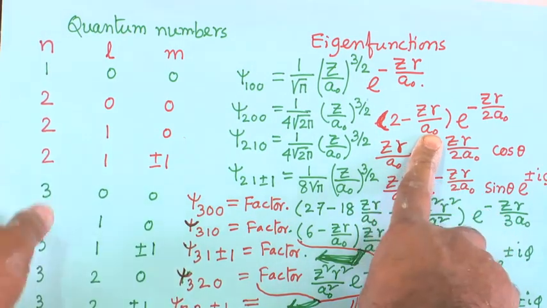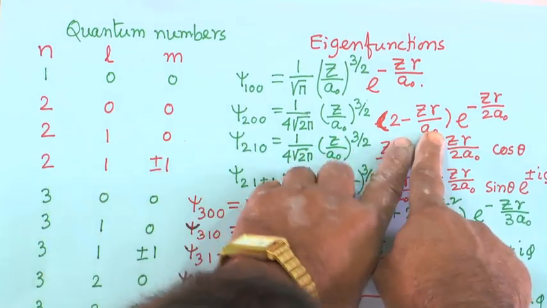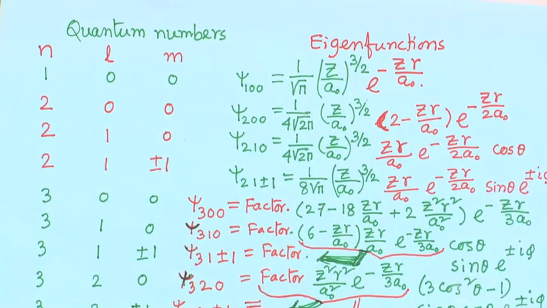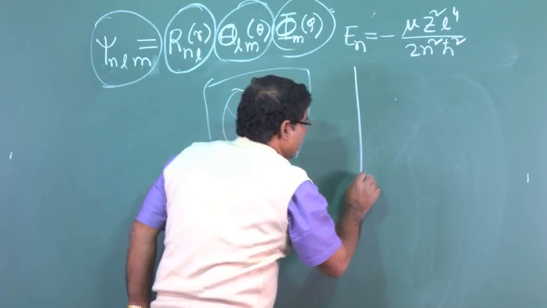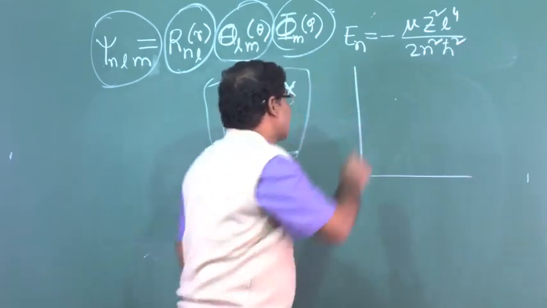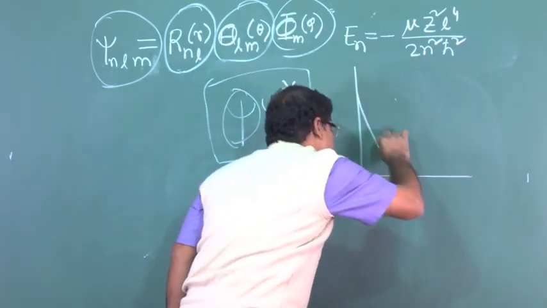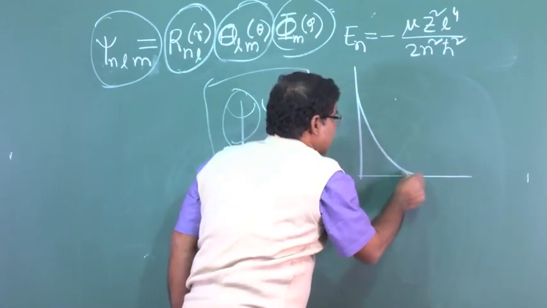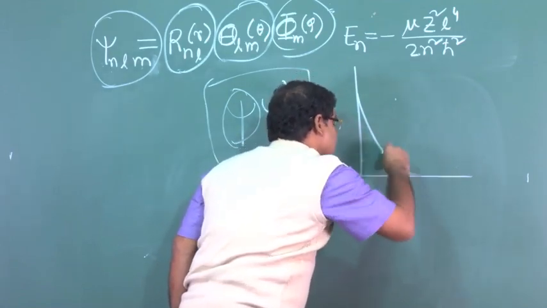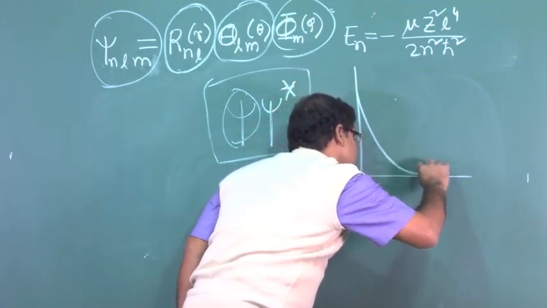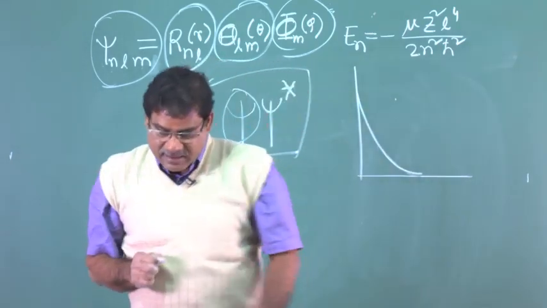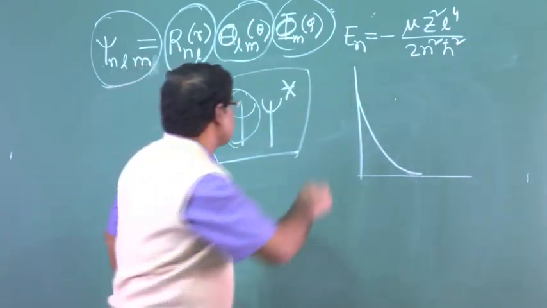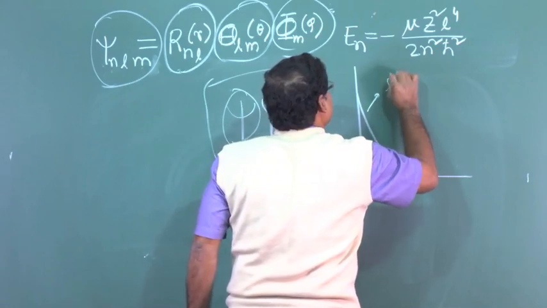If you plot these two terms, one is the exponentially decaying term, e to the power minus r.